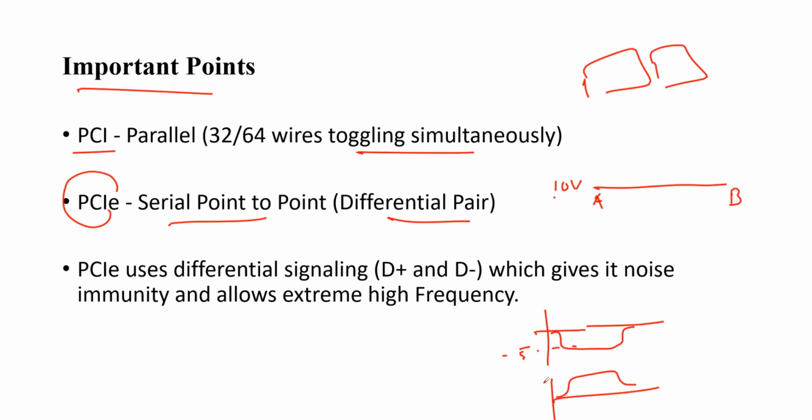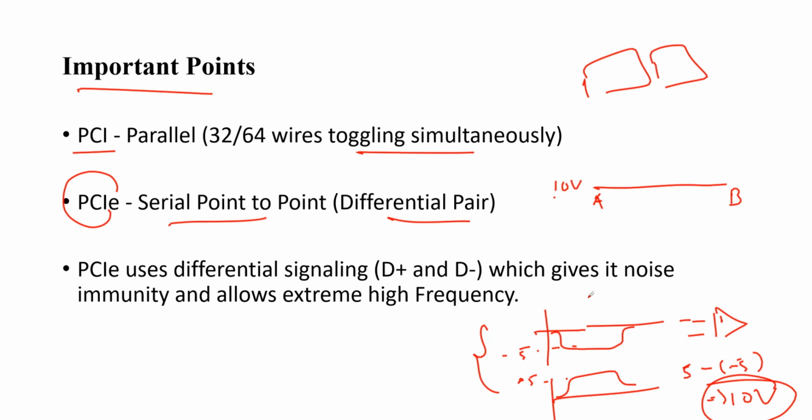Then I pass both through a differential amplifier, and I get 5 minus (minus 5), that means a total of 10 volts. This is how I can pass this 10 volts from one point to another. This is your differential pair, which we are going to discuss, so don't worry about it. It will help us get noise immunity, which we will see.